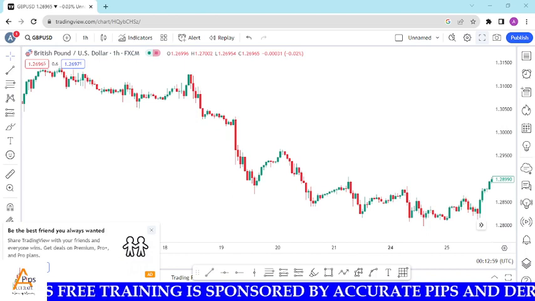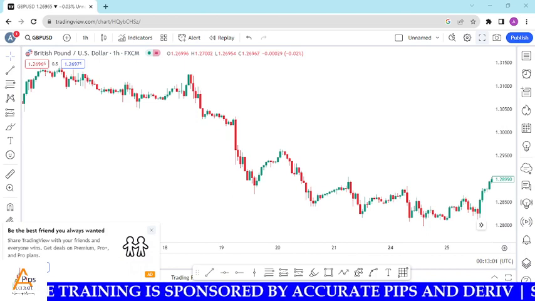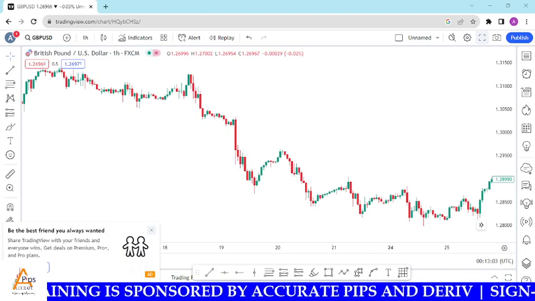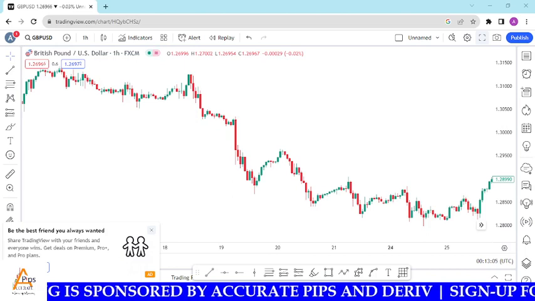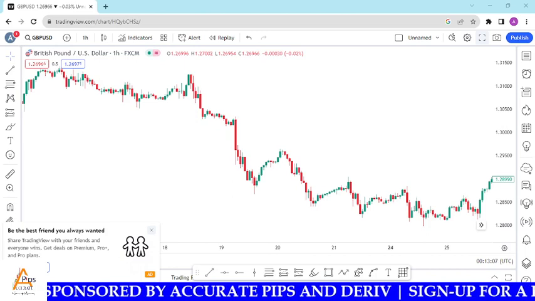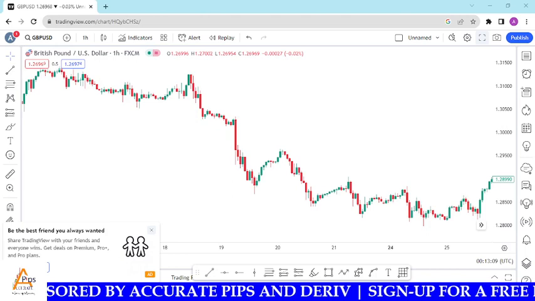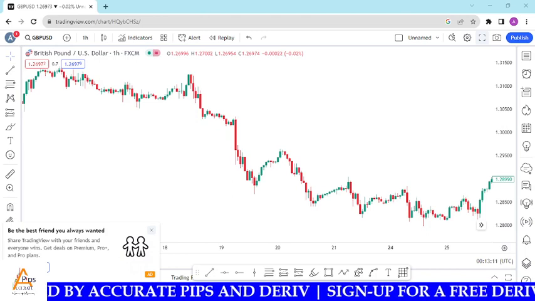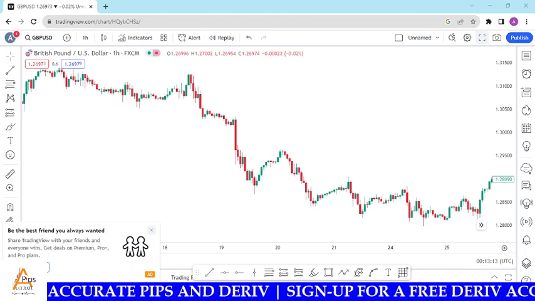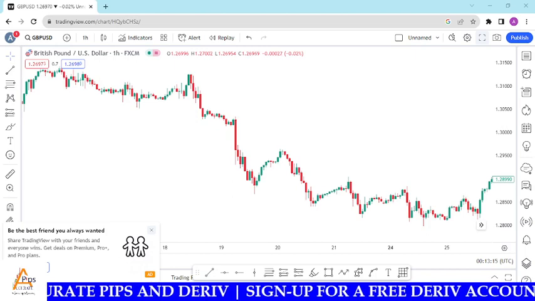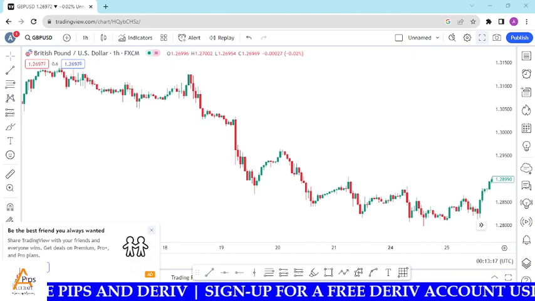If you're able to identify these things, then you should be able to overcome the challenges of the smart money trap in the market. I used to be part of these smart money traps when I was trading supply and demand, because I never learned anything about inducement and liquidity during those times.